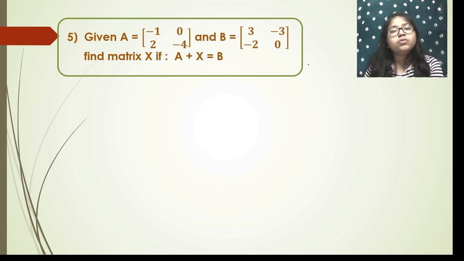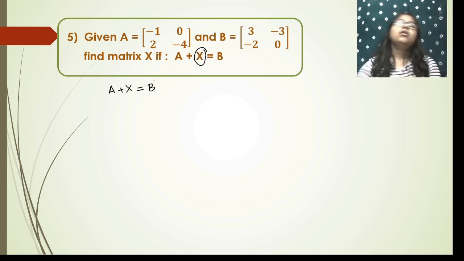Given A equals to minus 1, 0, 2, minus 4. B equals to 3, minus 3, minus 2, 0. Find X. So we have to find this unknown matrix X. A plus X equals to B. Always, if you have to find an unknown matrix, first find the order of that matrix.